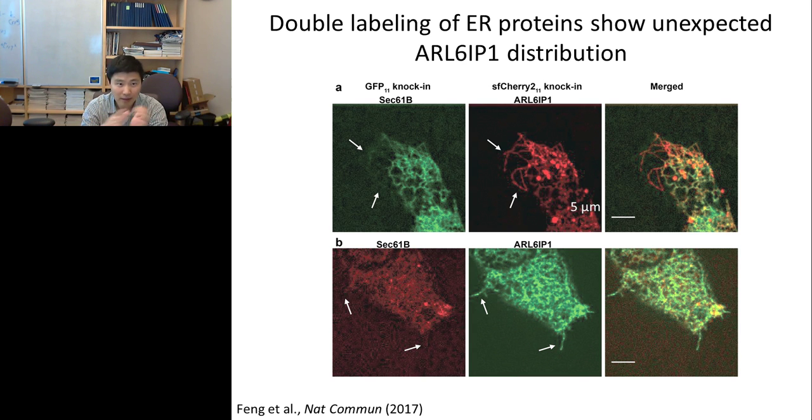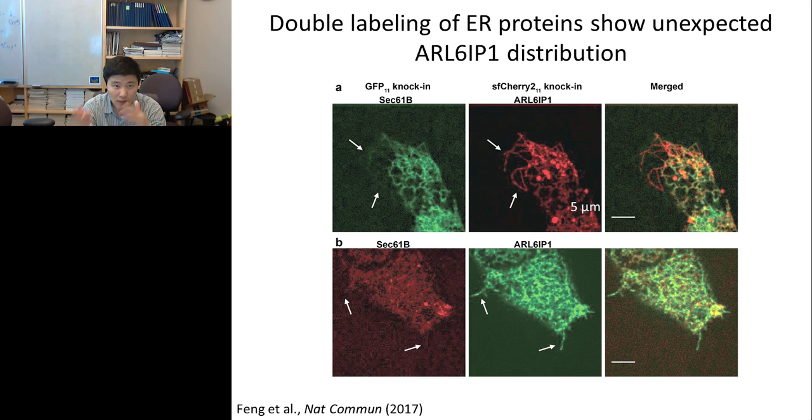But to our surprise, when we tagged these two proteins, we saw at the very edge of the cell, the very peripheral ER, especially those dead-end ER tubules, fairly strong RTN4, which is an ER tubule protein, neighboring, but very little Sec61B.